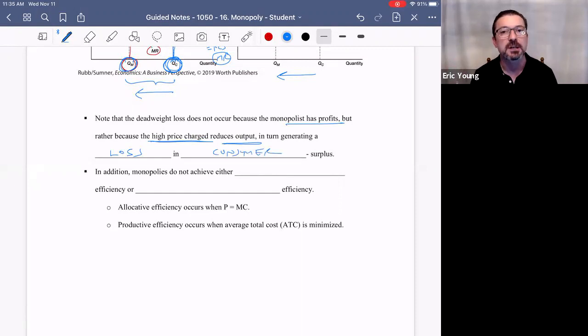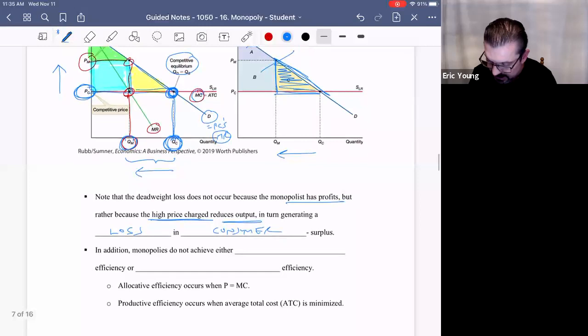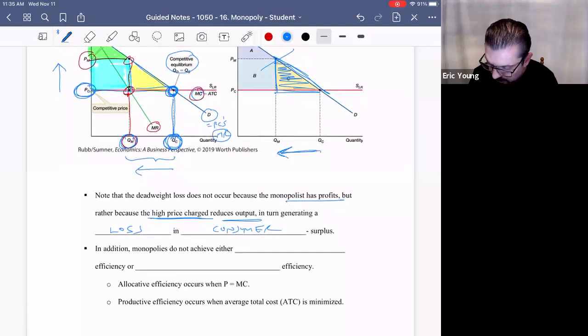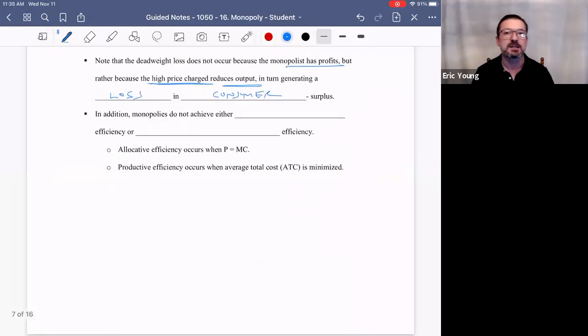And it's that loss in consumer surplus, this underproduction here, that is the dead weight loss. In addition to this problem, we can also conclude that monopolies do not achieve either allocative efficiency or productive efficiency.